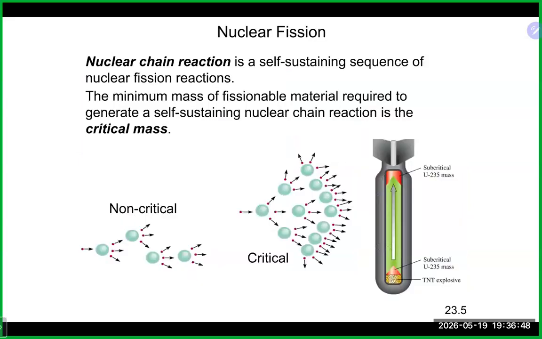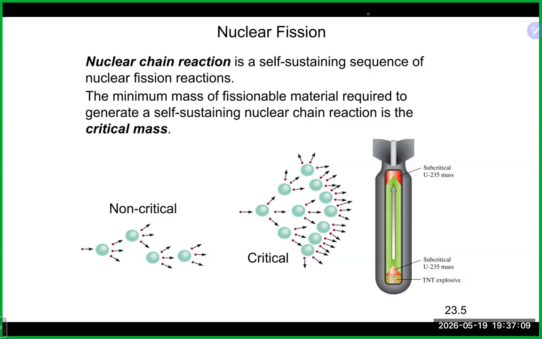In a fission reaction, we can have what is sometimes referred to as a nuclear chain reaction. A nuclear chain reaction is basically a self-sustaining fission reaction that keeps going and grows exponentially.